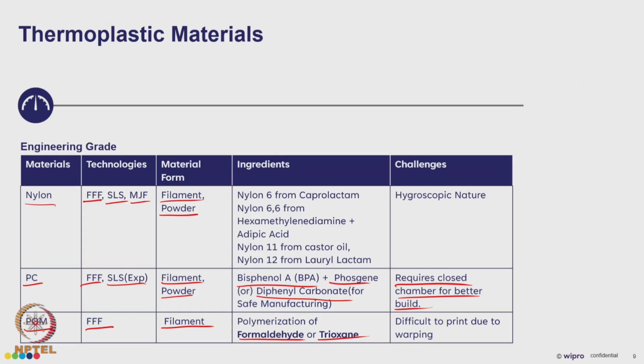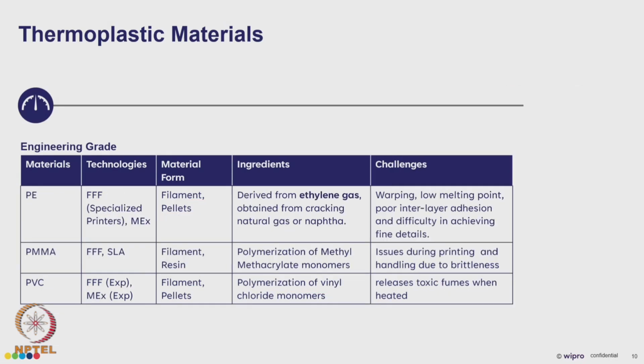This part is very difficult to get printed due to its warping issue. The next set of engineering grade materials here is polyethylene. As I already told, this is available in two different categories: high density polyethylene and low density polyethylene.